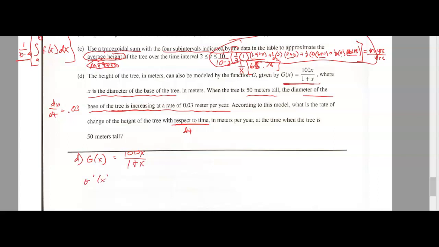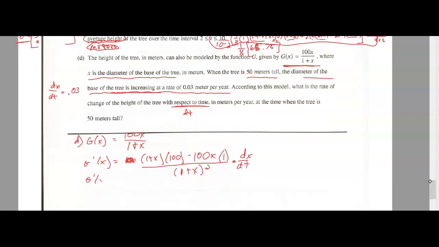Little test of your quotient rule, where it's going to be your bottom multiplied by the derivative of the top minus the top, the derivative of the bottom, all over your denominator squared, and then times the derivative of your x, since that's what we just took the derivative of, which is your dx/dt.